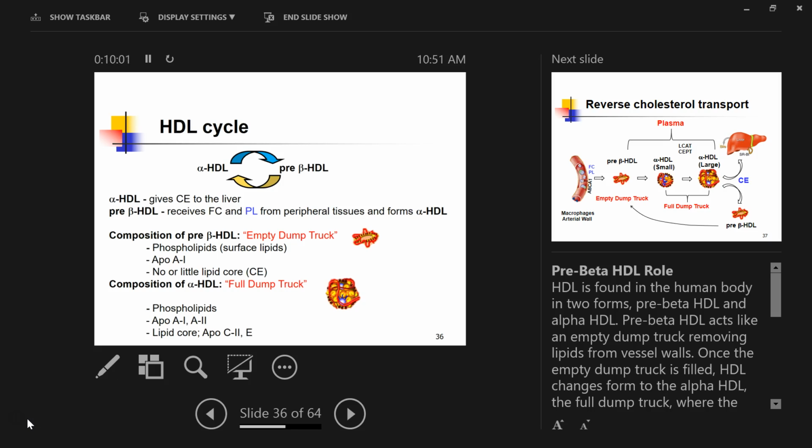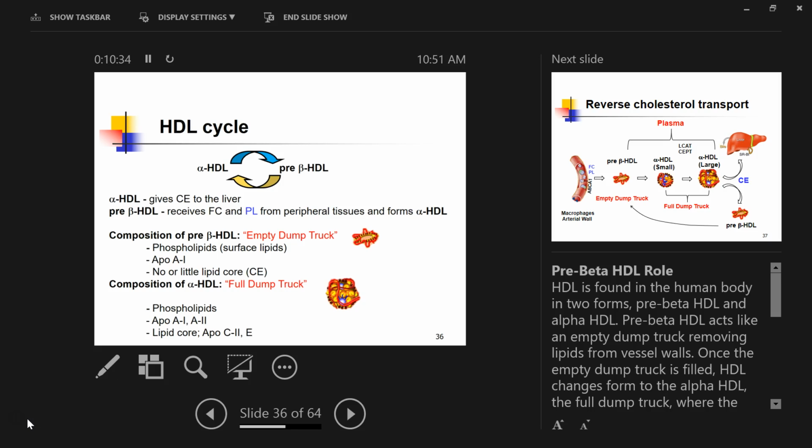They need to be moved away from the peripheral tissue and disposed of in the liver. So pre-beta HDL usually has little or no core lipids. It's like the empty dump truck, right? But it still has, of course, the phospholipids, the surface lipids, and also proteins, ApoA.